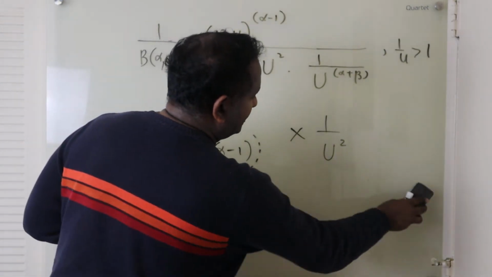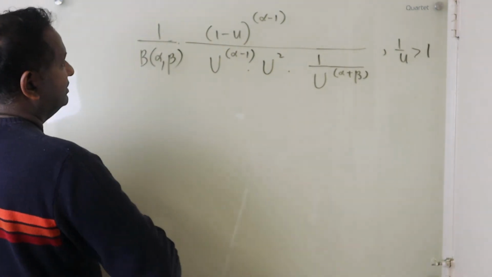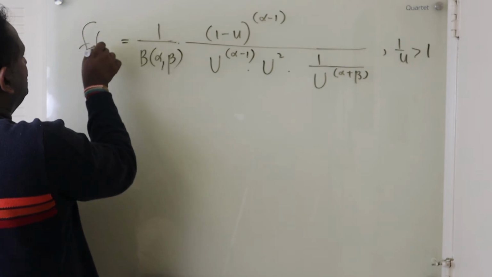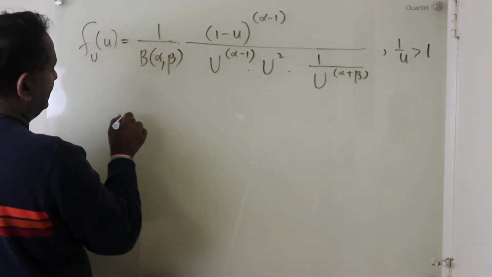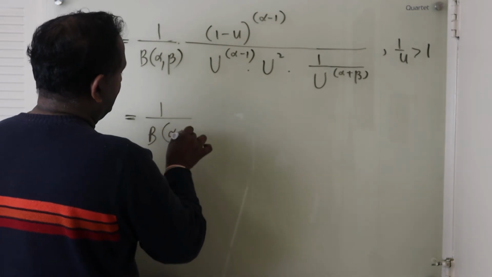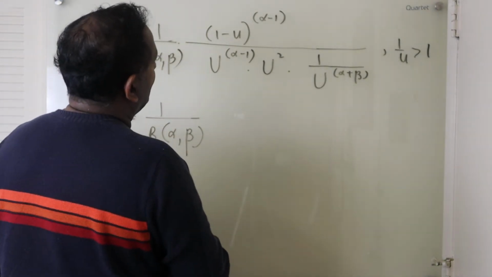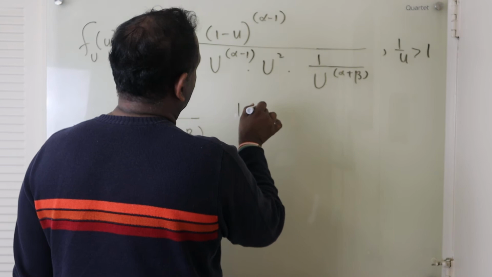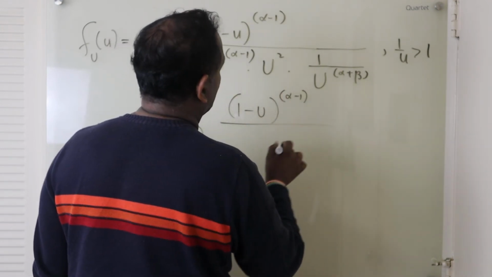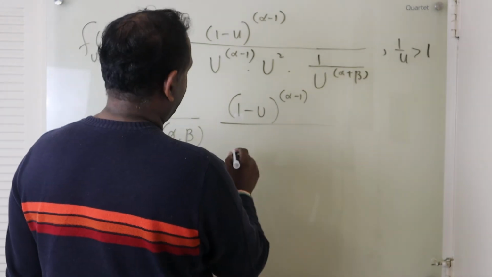Then let's simplify further. This is nothing but f of u. Then this equals 1 over beta function alpha beta, times 1 minus u to the alpha minus 1 over u.